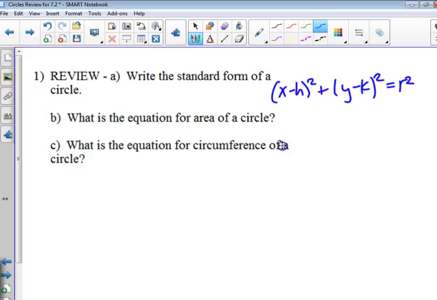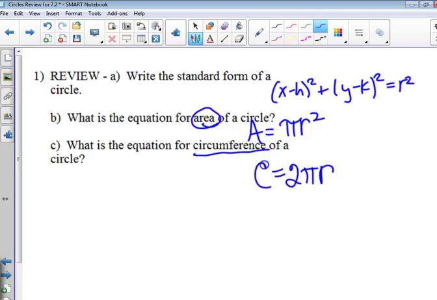Okay, they both have a 2 and a pi and an r. Then the question is, area is what kind of units? Square units. So that one has the r squared. Circumference or perimeter of a circle, distance around the outside, is not square units. So it's just 2 times pi times r.